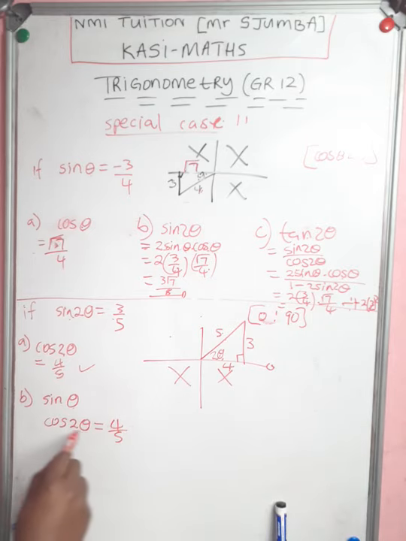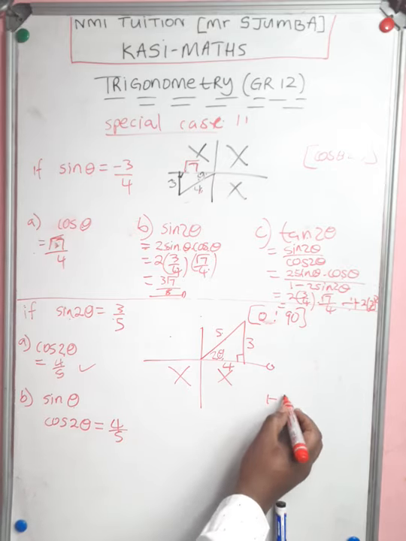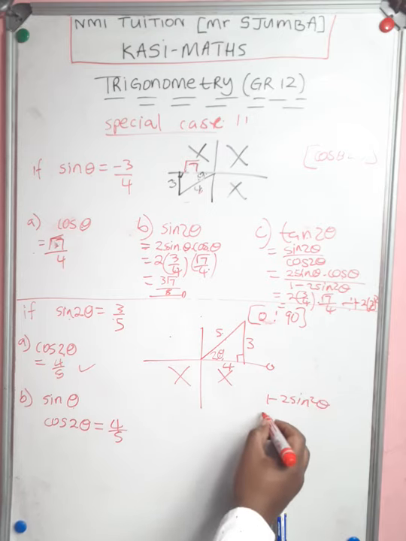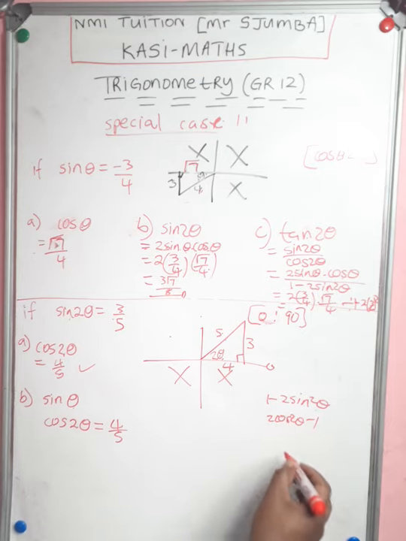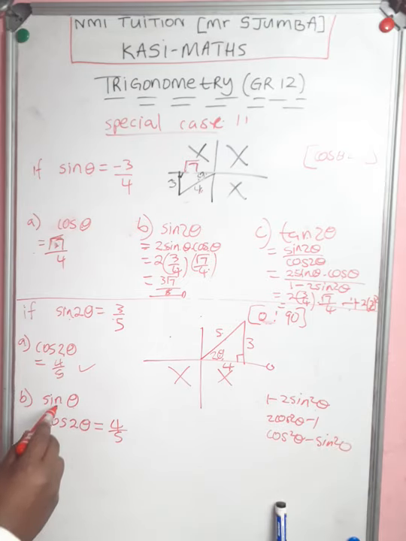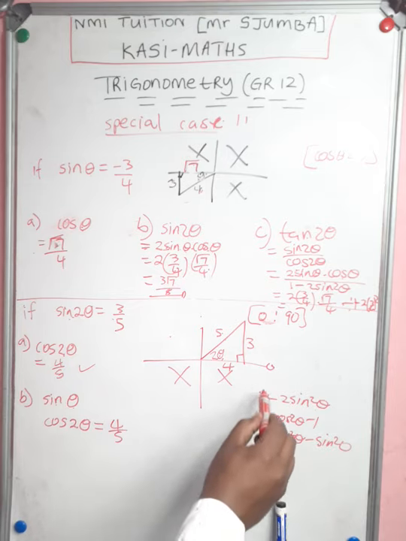Also, cos can be written in 3 ways. Cos can be written as 1 minus 2 sin squared theta, or as 2 cos squared theta minus 1, or as cos squared theta minus sin squared theta. We want sin theta, so we choose between these 3 ways.